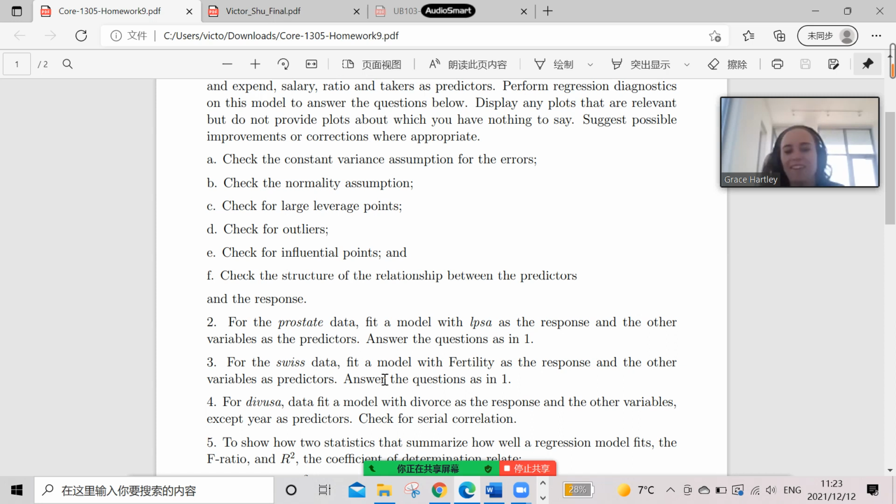I think one is about the large leverage points, about the X. I'm not too positive, but I think one is about Y and one is about X. Sometimes we have large Y, sometimes we have large X. Okay. Yeah, I'm not too positive about that either.